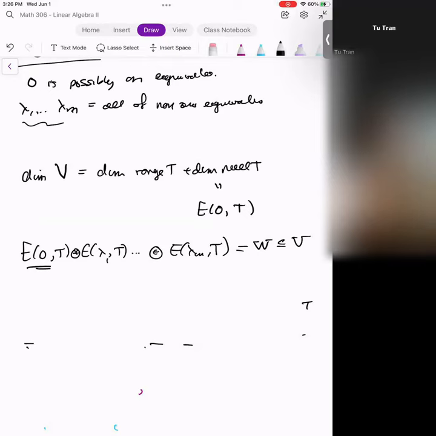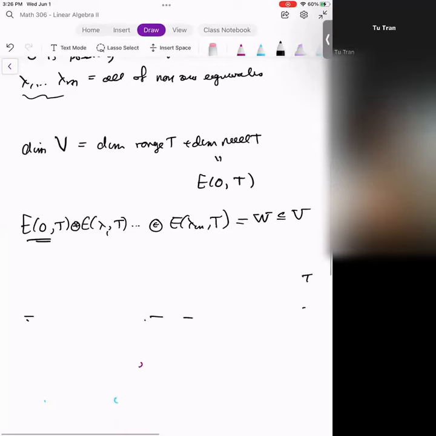I think this is actually what you were trying to do. I'm just adding the step of the eigenspace of 0 here. This step says you take all the eigenspaces, the direct sum, so they're a subspace that sits inside of V. So now what do we do?